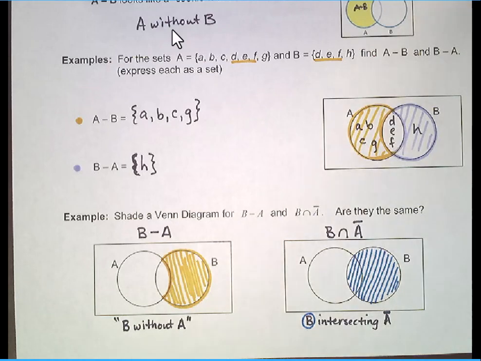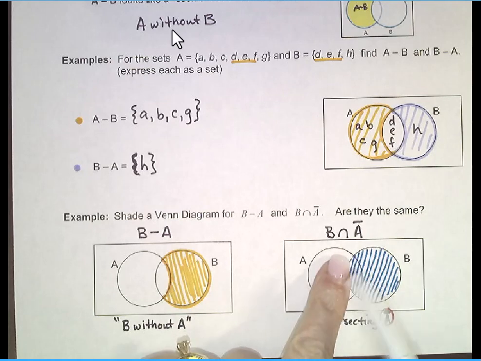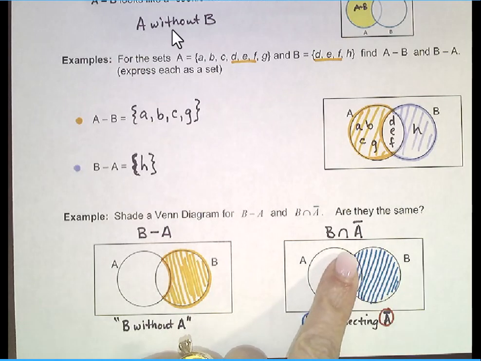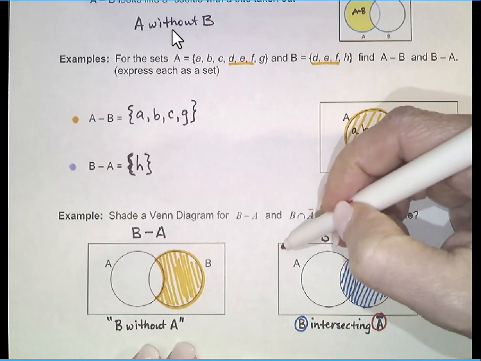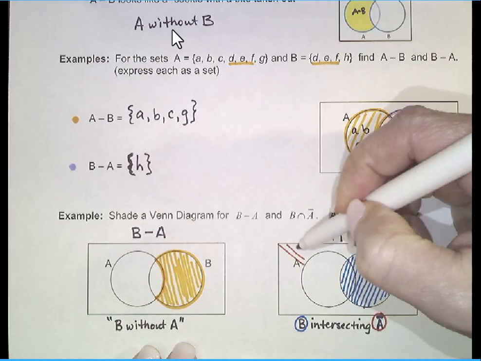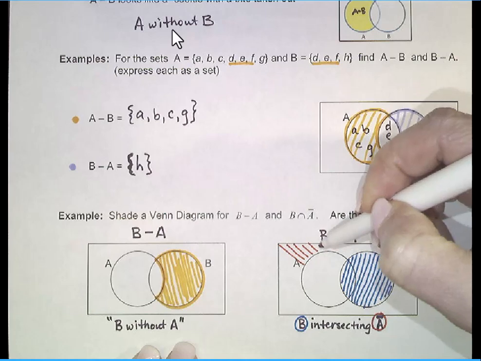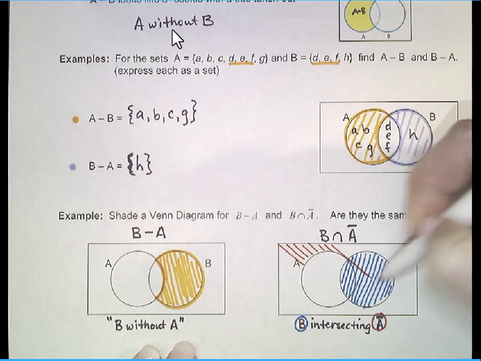Now I'm going to shade not A. So I'm going to go the other direction. I'm going to shade it in red. Everything that is not A. So see the circle that's A? Not that. Everything else, but I'm not going to touch what's inside circle A. I'm going to shade this way first.